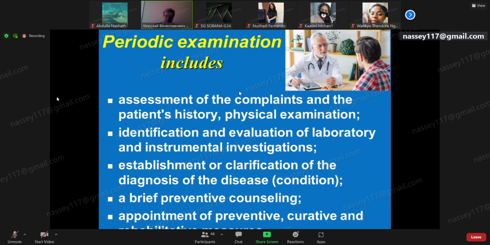Also, this process includes the identification and evaluation of laboratory and instrumental investigations.